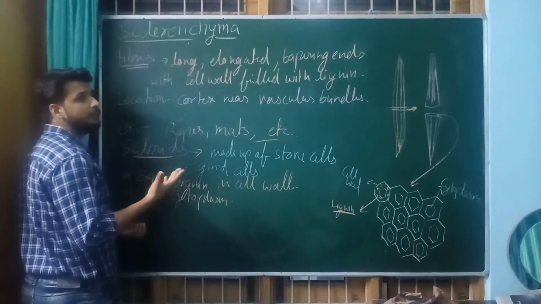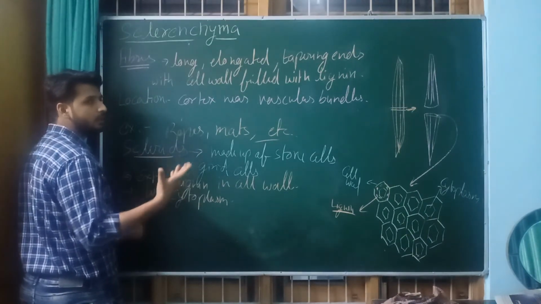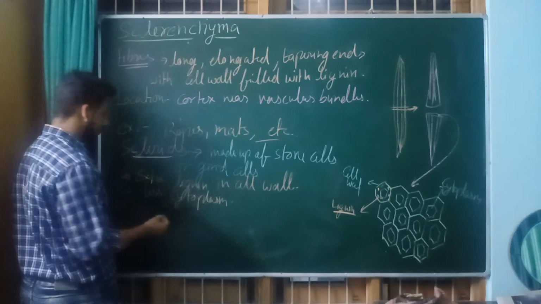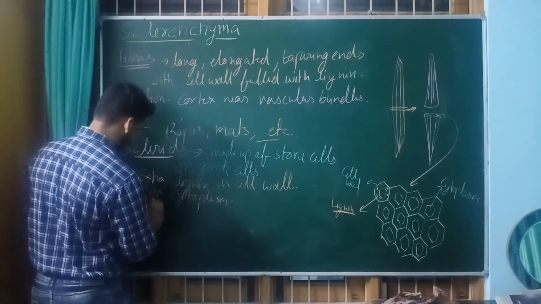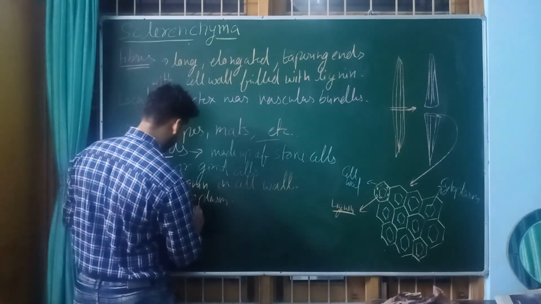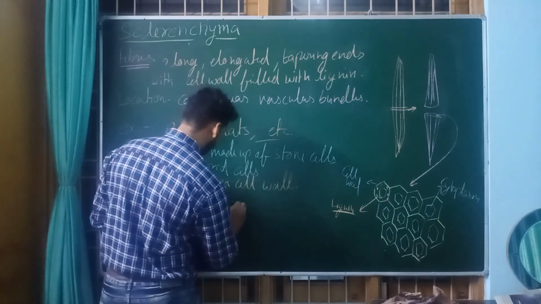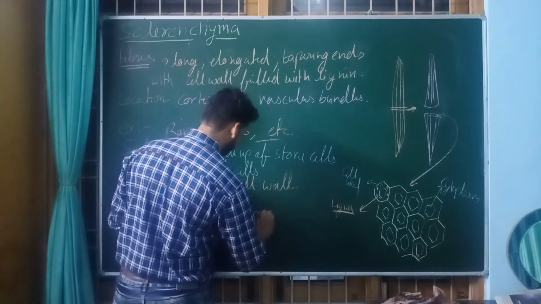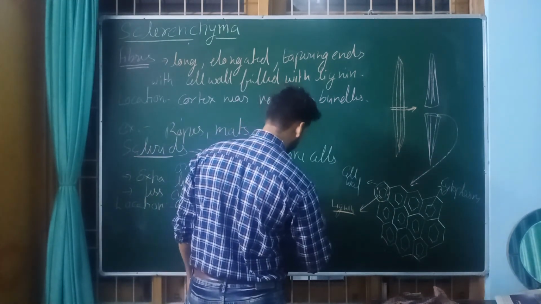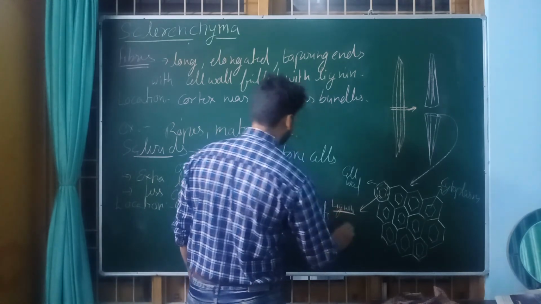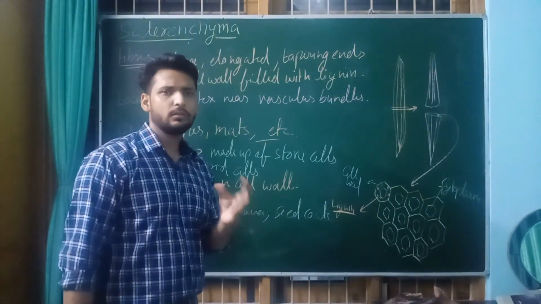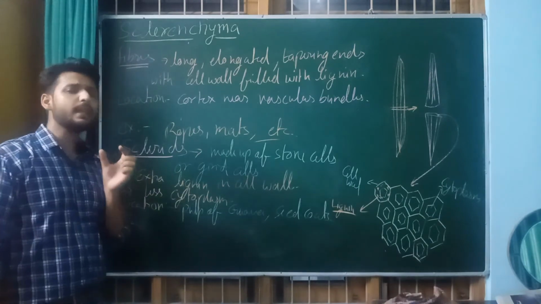And if we talk about the location, these are found in the pulp of guava and in the seed coats of walnuts, which have a hard seed coat.